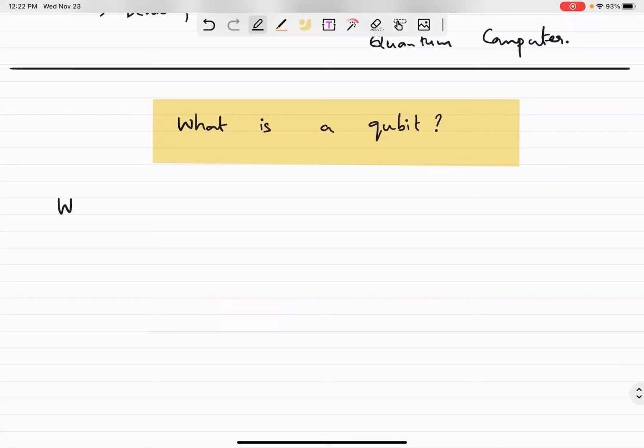Okay. All right. So before we talk about what a qubit is, let's talk about what a bit is. Well, what is a bit? Mathematically, it's just something which takes 0 or 1, right? But it's kind of nice for us because you also have physical representations of bits, right?